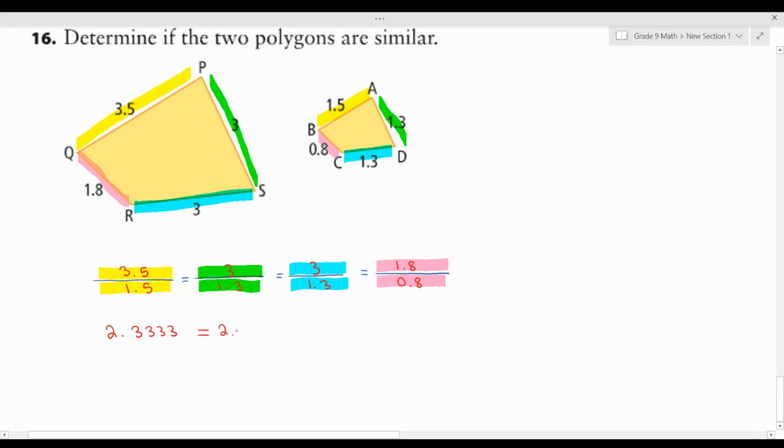Well, this time I get 2.3077. I rounded that to 4 decimal places. I know this will match. It's the exact same fraction. And the last one, 1.8 divided by 0.8 is 2.25.